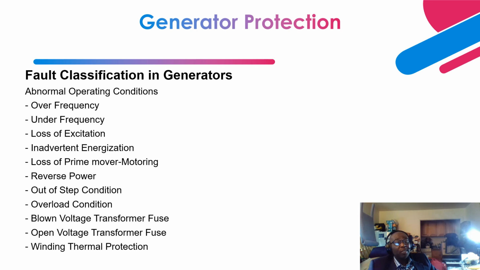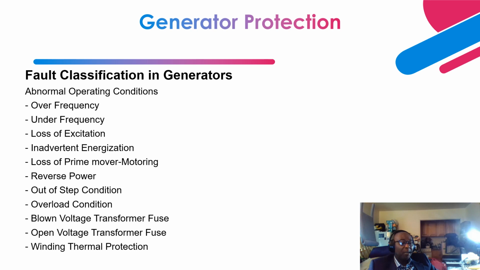It operates based on a 50 and 27 relay combination, that is instantaneous current and undervoltage condition. Because when you energize the generator, the voltage is going to be very low. It takes a little bit of time for the voltage to build up, right? But the current is going to be high once you energize. So it measures that and determines that we have an inadvertent energization, and it is going to trip any breakers that are supposed to be tripped.